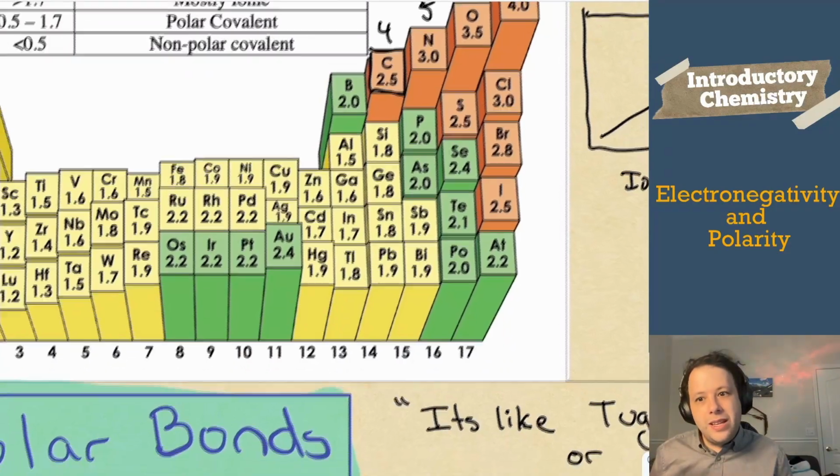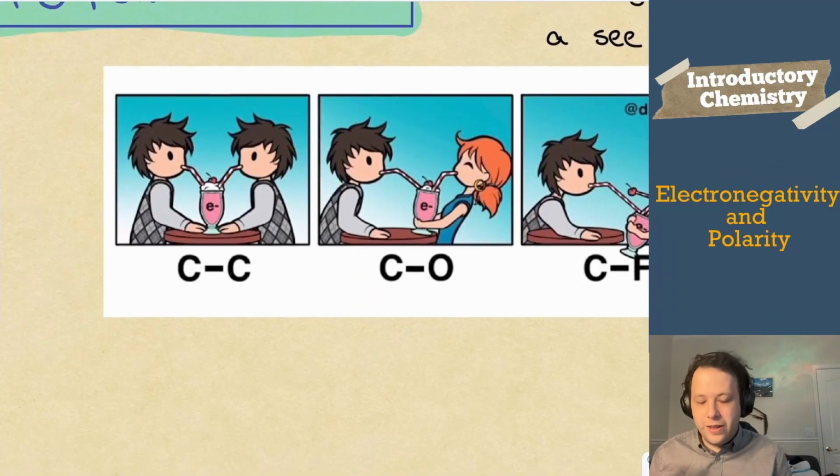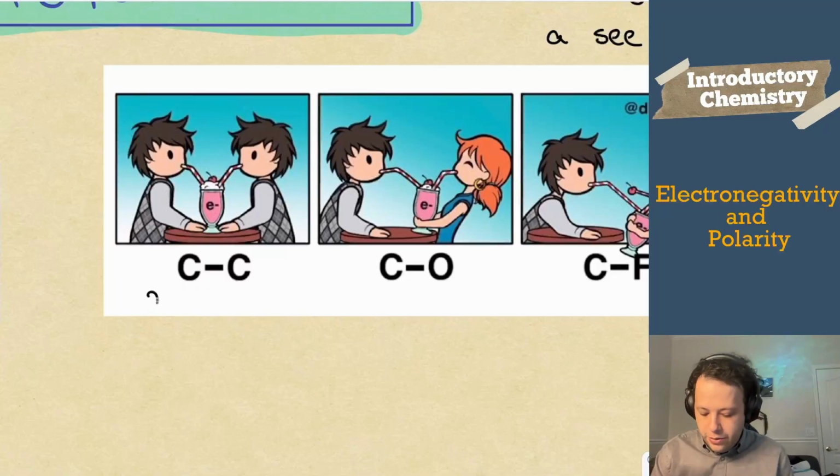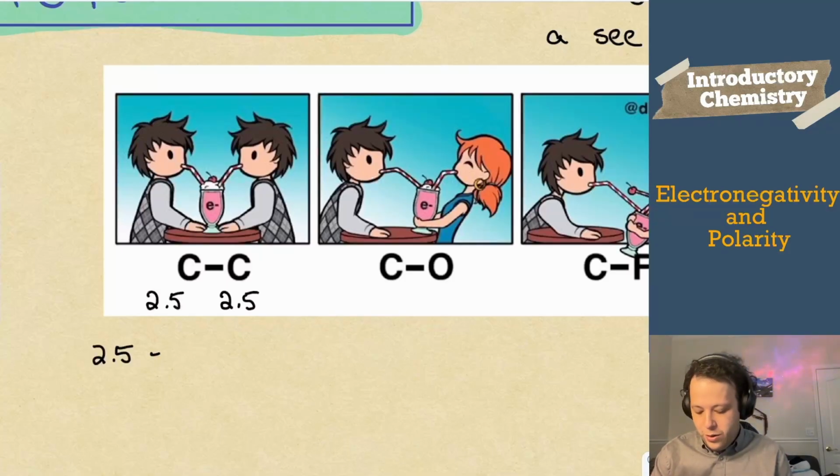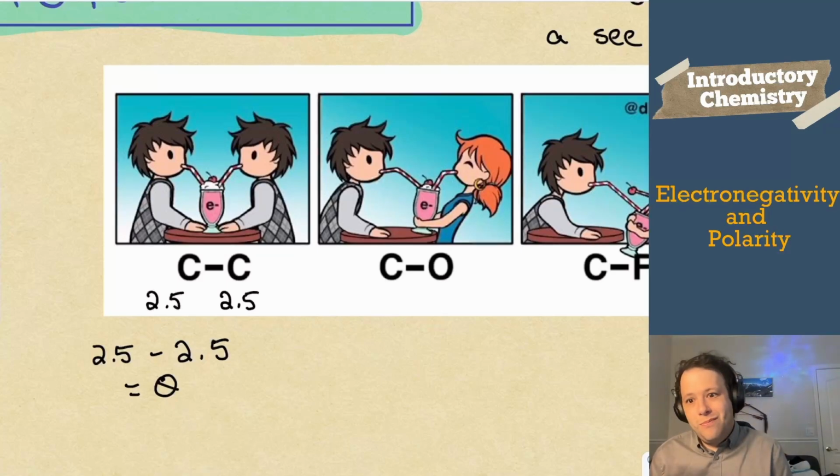So what can we do with that? Well, we can figure out the difference. If 2.5 is for one carbon, 2.5 is for the other, what is the difference between them? We can do some simple math where we take the bigger value, even though they're the same, subtracted by the smaller one. And when we subtract them, it's 0.